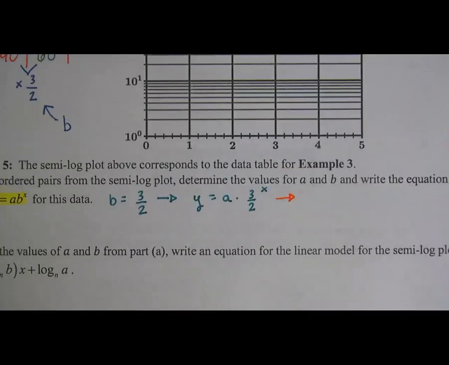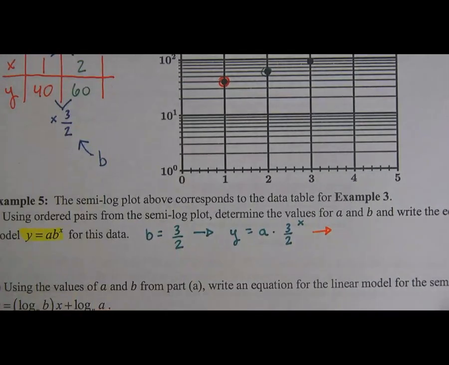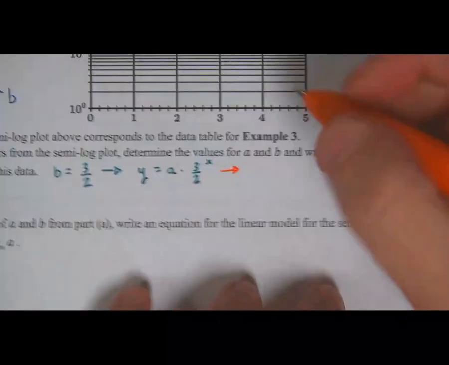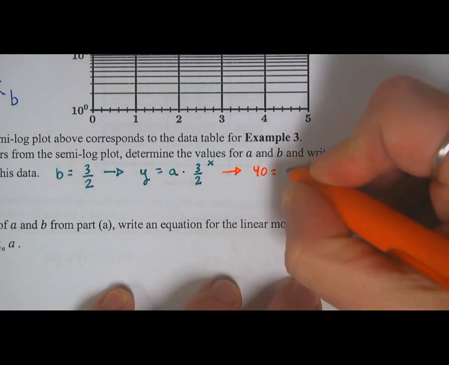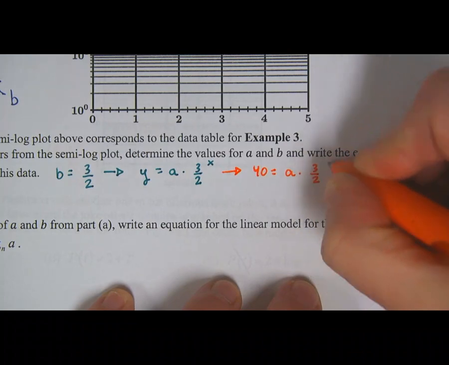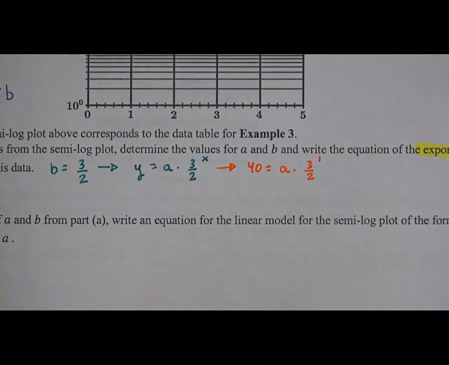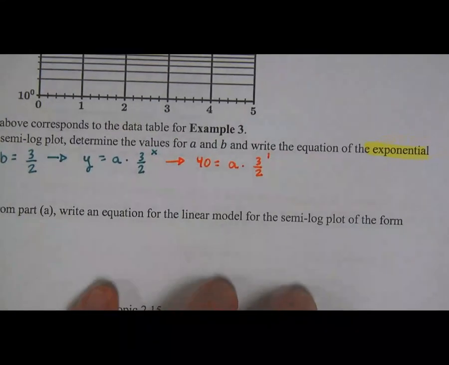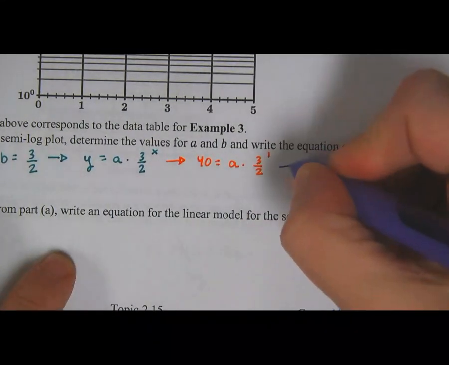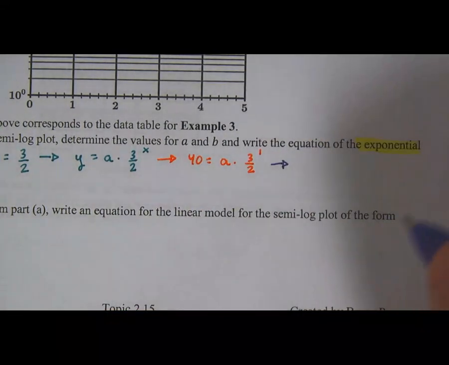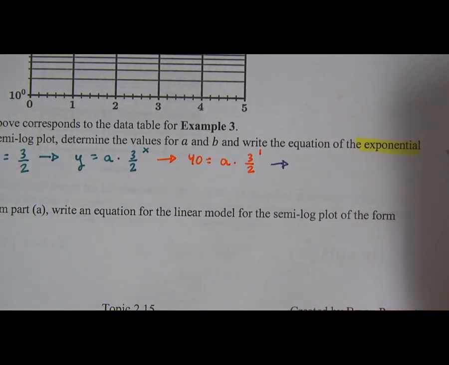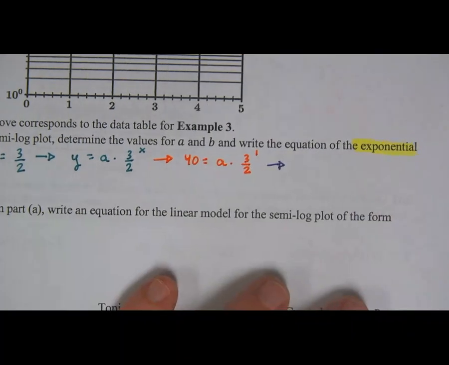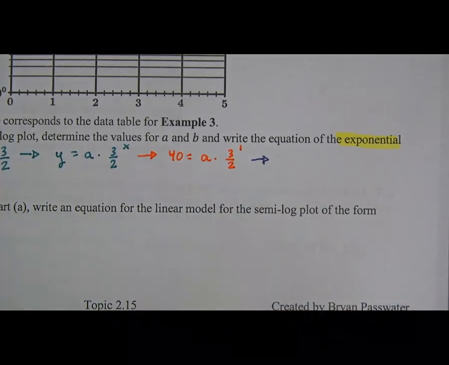What point would you all like to plug in? Let's choose one of these. 1, 40 sounds fantastic. So I'm going to plug in 40 for y and 1 for x. That makes this pretty easy. 3 halves to the first power is just 3 halves. So as I'm moving right along here, multiplying by 3 halves, how can I get rid of that? You could divide by 3 halves, that's kind of funky.